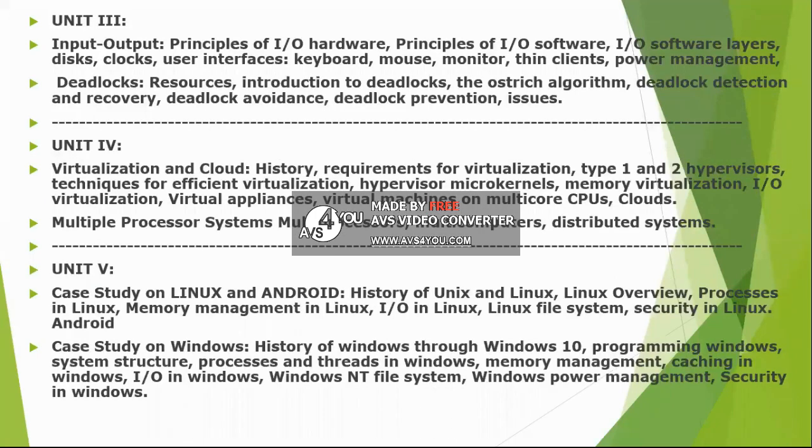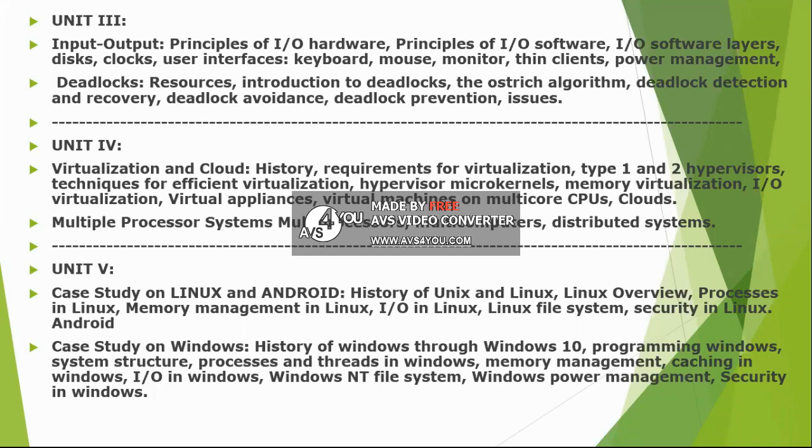In unit 3, we'll learn what kinds of input and output principles can be used with both hardware and software. It also includes deadlocks. In deadlocks, we'll learn about resources and an introduction to deadlocks. Then the ostrich algorithm, deadlock detection, and recovery, how to recover from a deadlock.